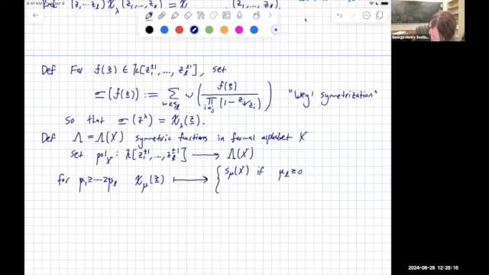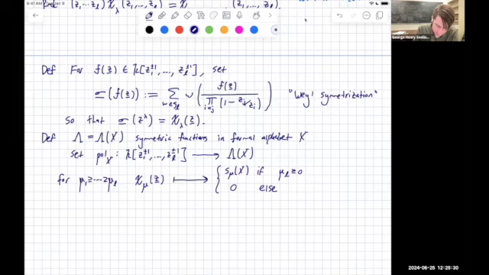And if we have a negative entry in the tail of our integer vector, then we'll just send it to 0. So that part doesn't contribute.